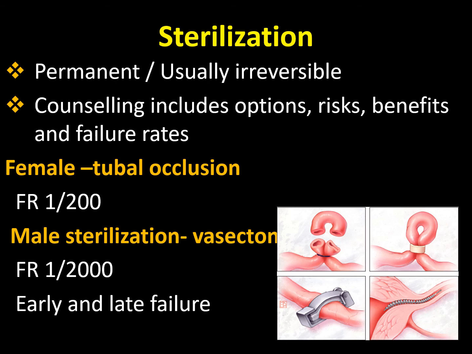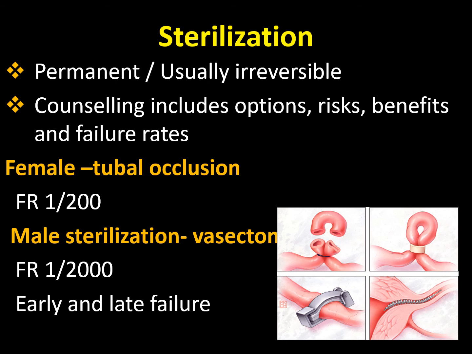Female sterilization involves occlusion of the tubes, the fallopian tubes, and the lifetime failure rate is 1 in 200. The failure rate may vary with age of sterilization and with the method of tubal occlusion. The methods that we use include laparoscopy and hysteroscopy.